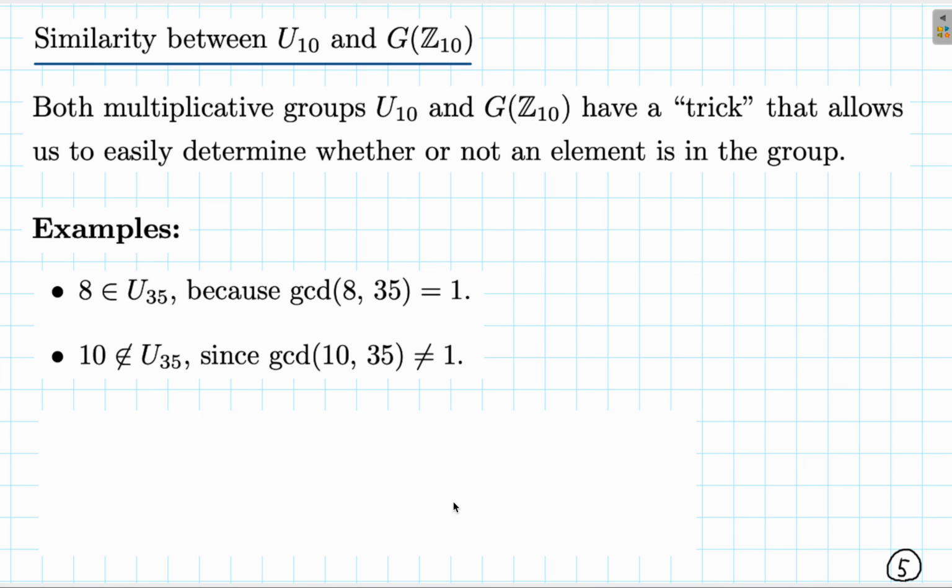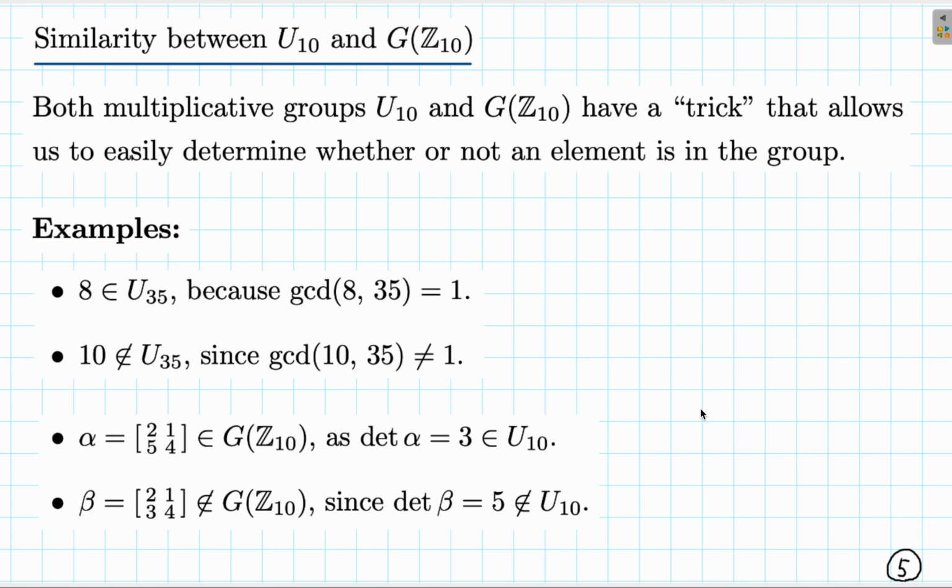How about matrices? What's the trick to determine whether a matrix has a multiplicative inverse or not? Well, that trick was the determinant. So alpha, for example, the matrix 2, 1, 5, 4, its determinant is 3, which is in U10, and therefore this matrix is in G of Z10. Whereas matrix beta, how do we know that it has a multiplicative inverse? Once again, the determinant.